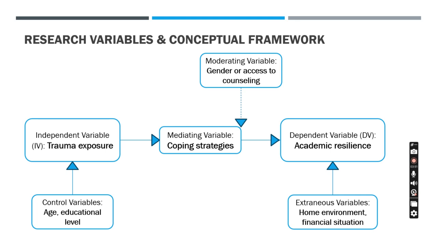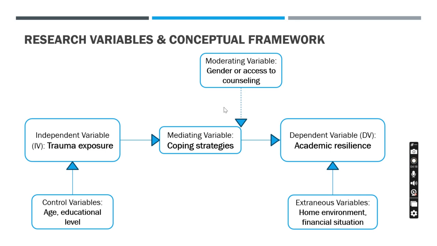It can affect the relationship between the two. Also with gender, a male is going to respond to academic resilience differently, and a female is also going to respond to academic resilience differently. So it can affect the relationship between the two, whether you are male or female, or have access to counseling.